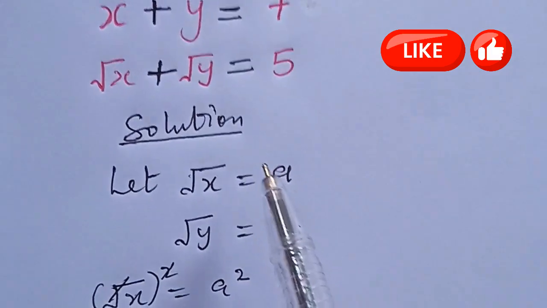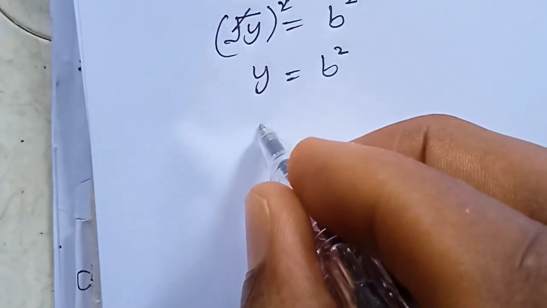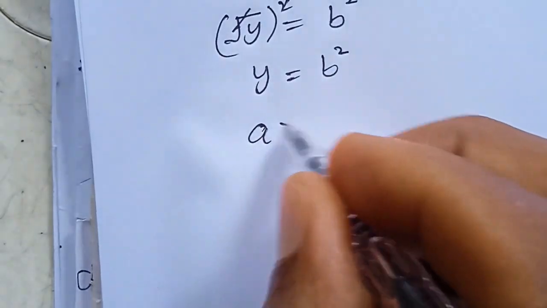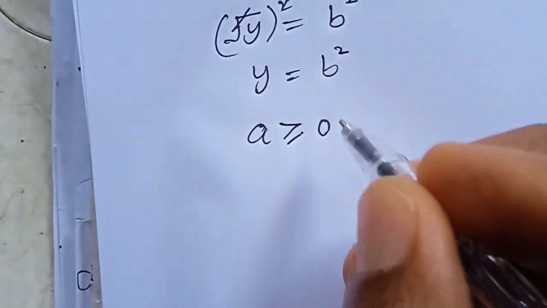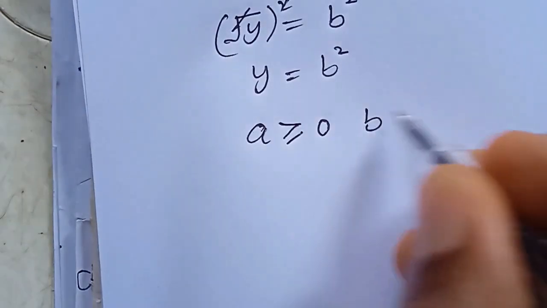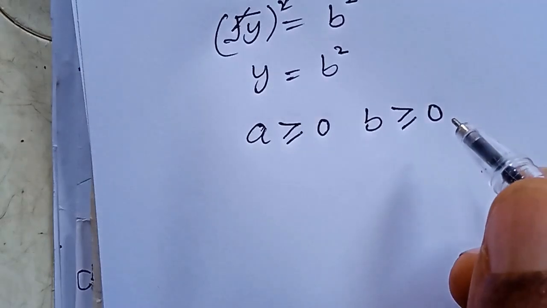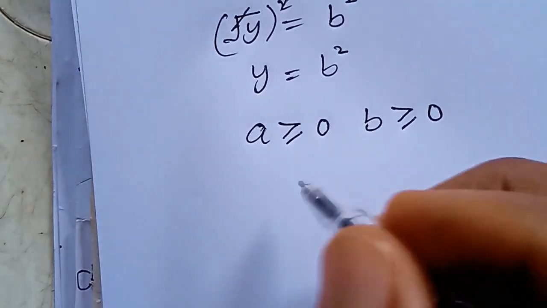So it means that from the expression, we must consider that a will be greater than or equal to 0. Likewise, b will also be greater than or equal to 0.